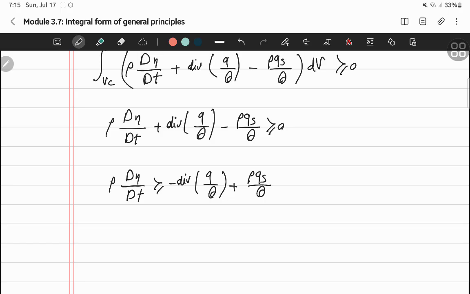And in the next module, which is our last module, we will derive the principal equations using the Reynolds transport theorem, and use these equations to solve some problems.